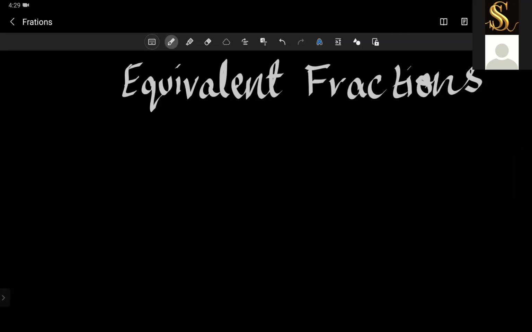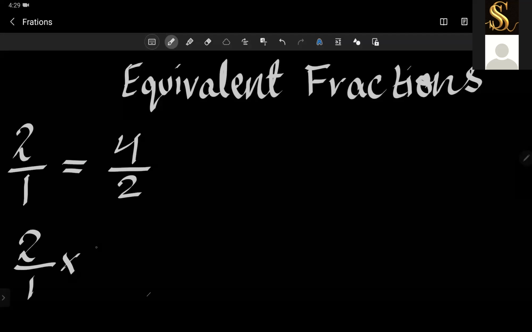Now our next and the last type of fraction is equivalent fractions. Now what are equivalent fractions? Equivalent fractions are the fractions which are equal, but they do not always have the same numbers. For example, if I have 2 upon 1, it can be equal to 4 upon 2, as when 2 upon 1 is multiplied by 2 upon 2, it gives us 4 upon 2.